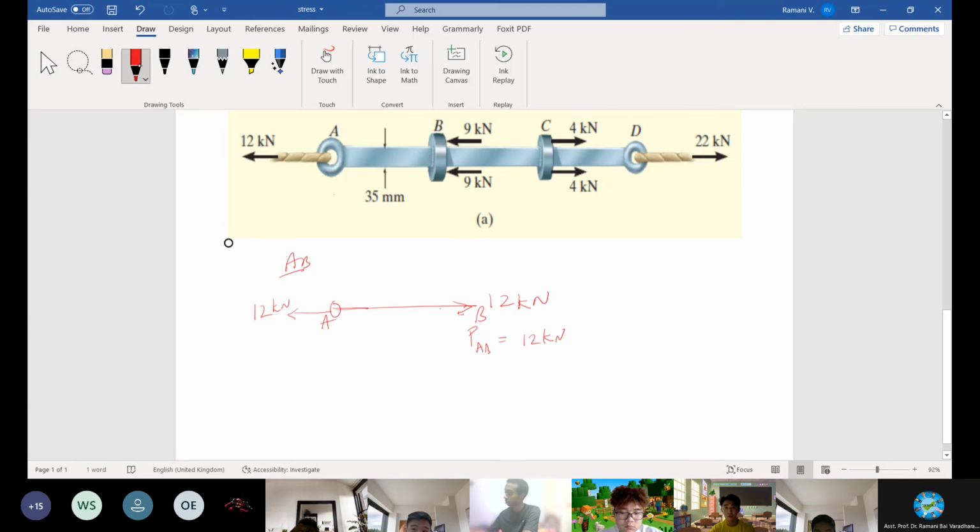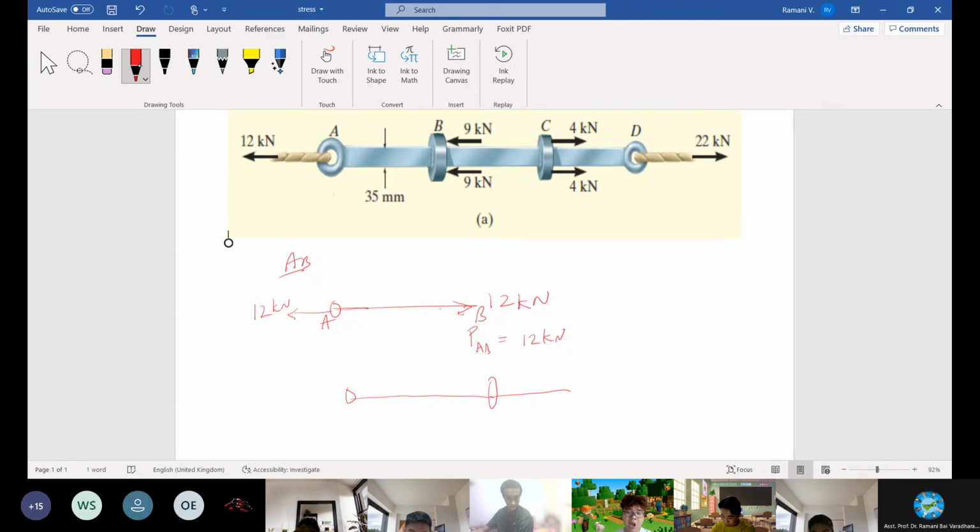Next section from here is B to C, right? A pin, and then it's supported by another disc, followed by another one.